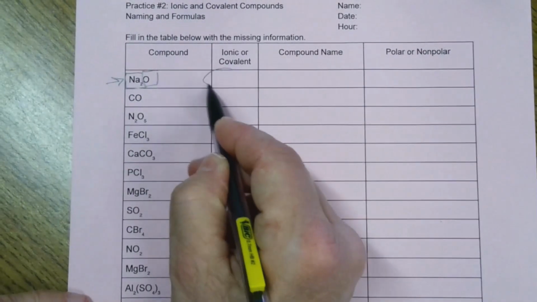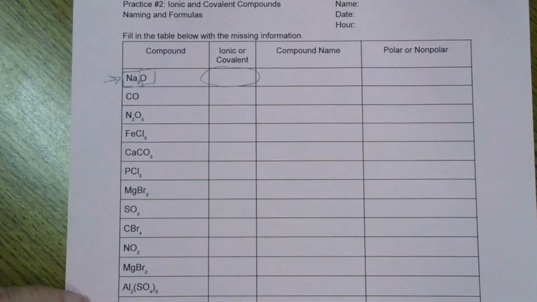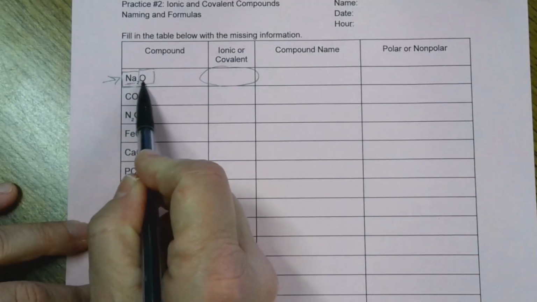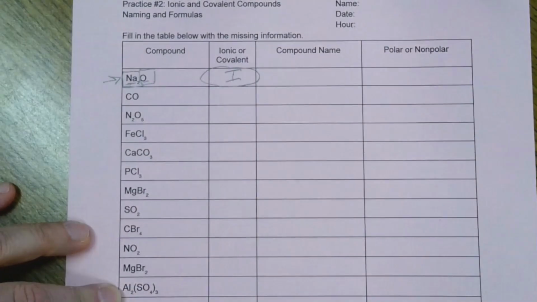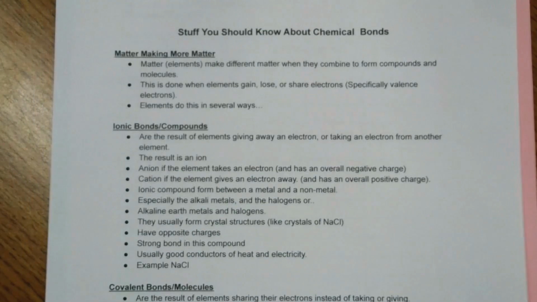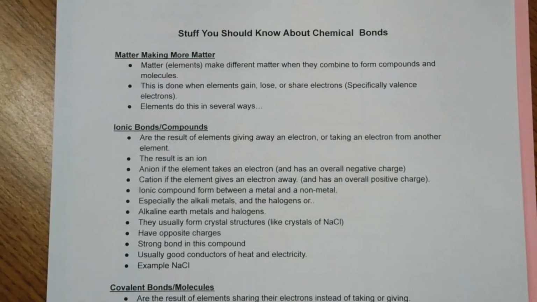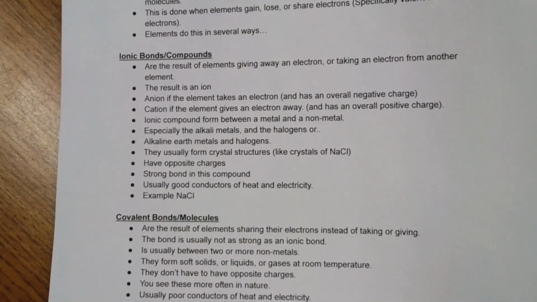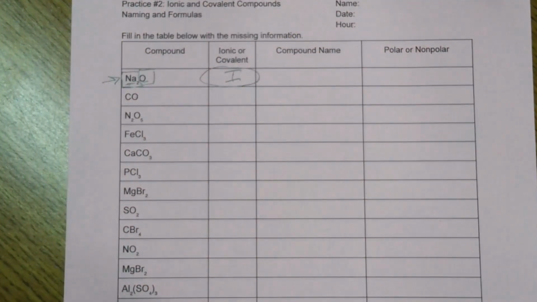One of the first things we have to do is determine whether our compound is ionic or covalent. We know the difference because if we have a metal like this and a nonmetal, we know it's going to be an ionic compound. We've been talking about this for a few days.